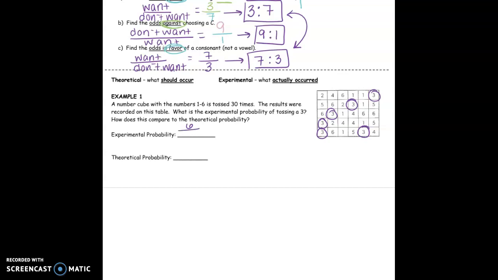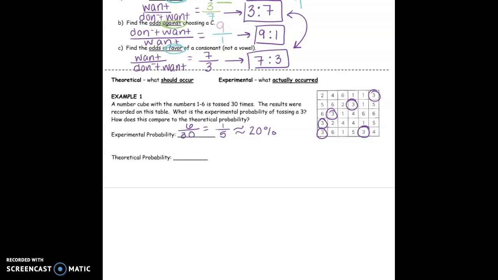So 6 out of the 30 times that you rolled the dice, you got a 3. If you simplify that, that's 1 over 5, or you could write that as 20%. So that's the experimental probability. That's what you actually got when you tossed that die 30 times.